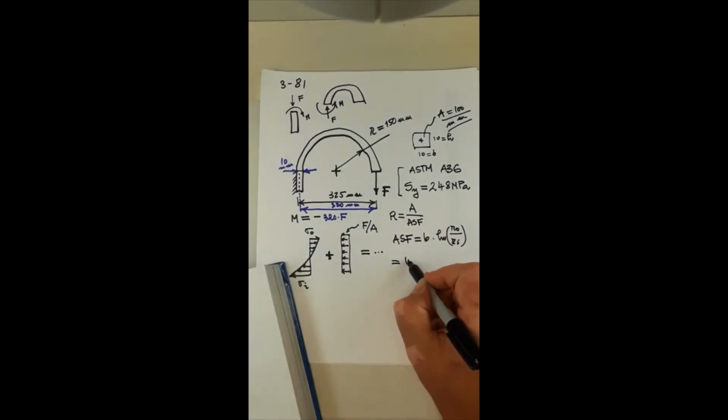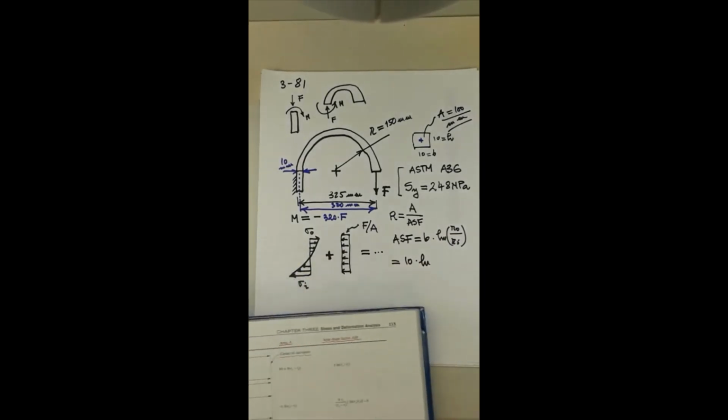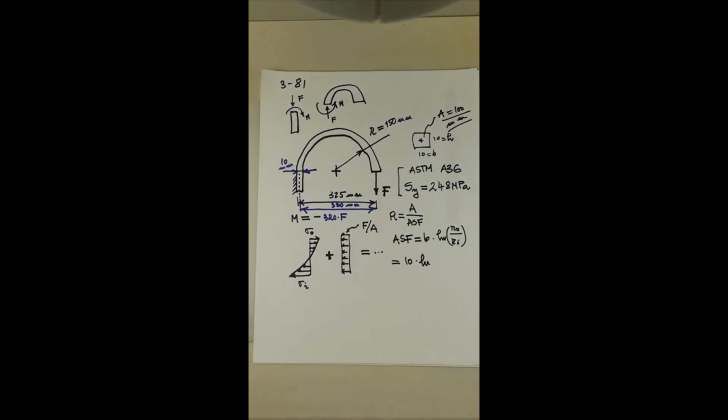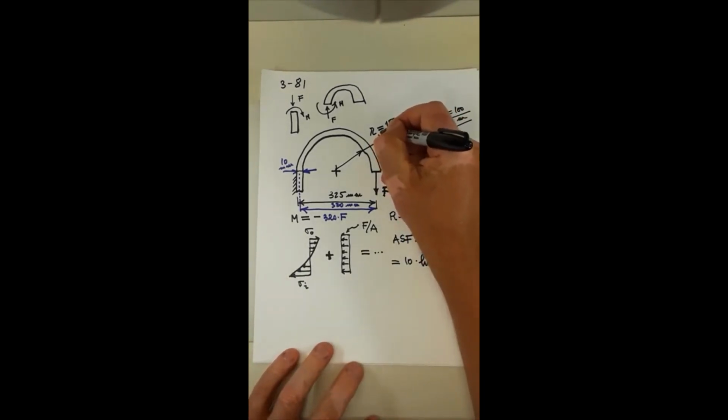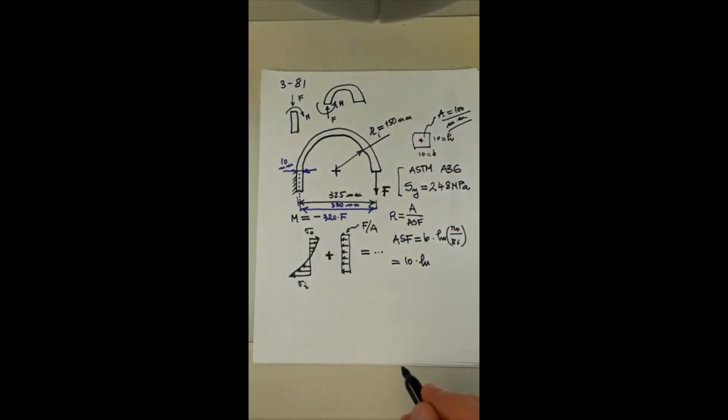So B on one hand is 10, and then I have the natural logarithm of the inner radius and outer radius of the curved beam. The inner radius is already given in the problem, so inner radius is 150.